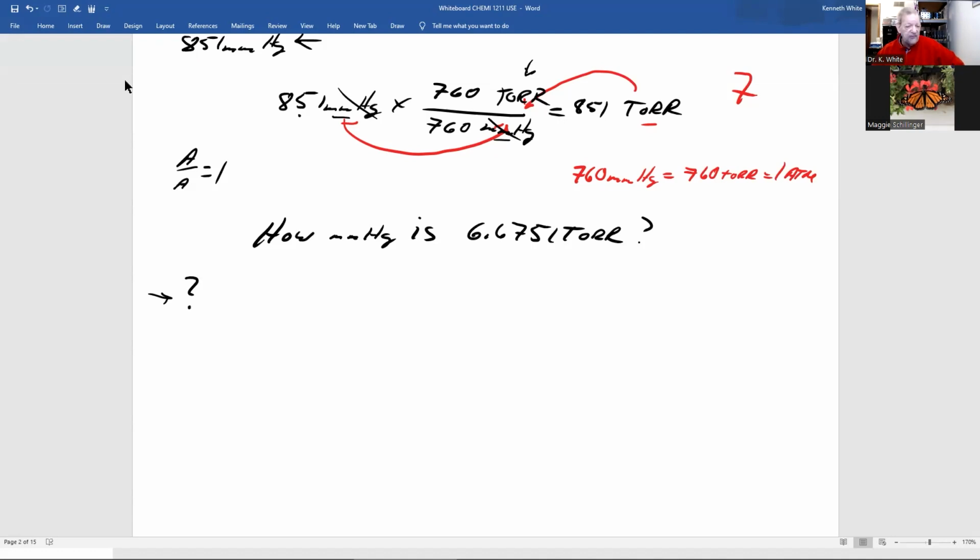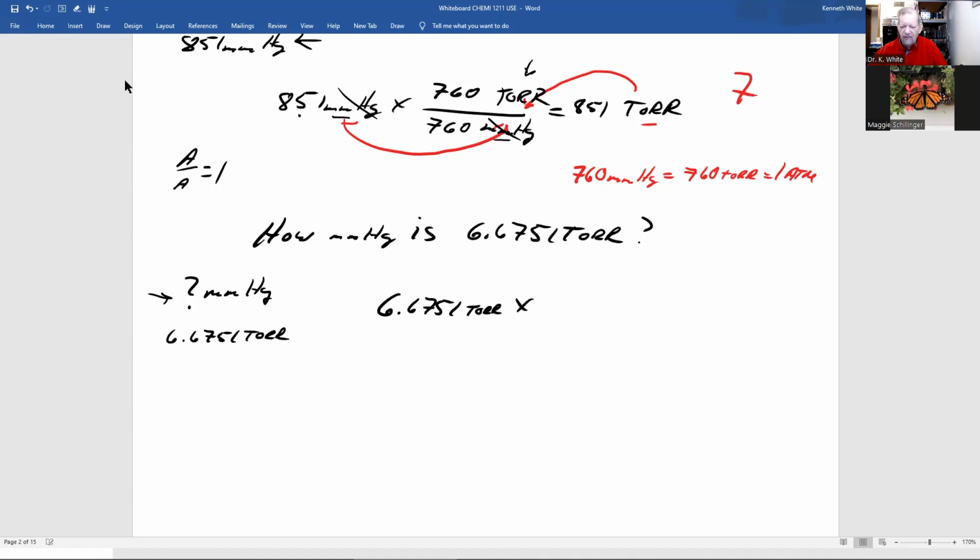I like putting a question mark to let me know that's what we're trying to find. Millimeters of mercury. What are you given? This number, 6.6751 torr. Well, this is the only number we have to work with.